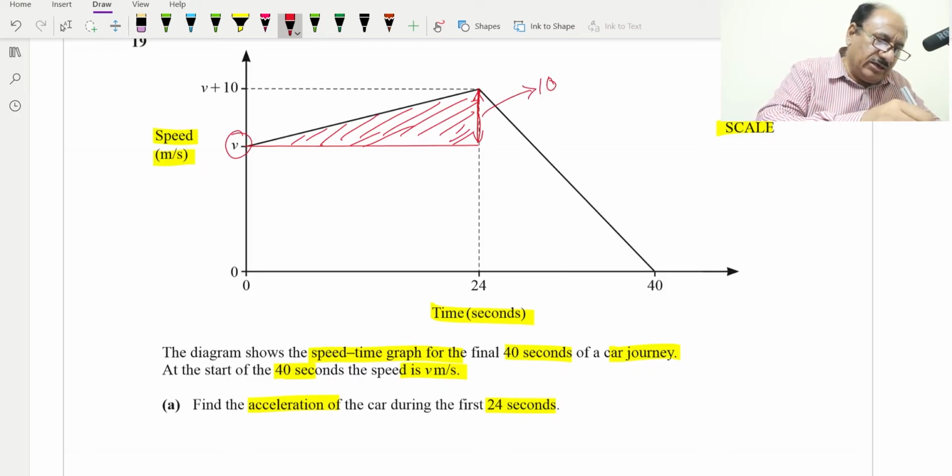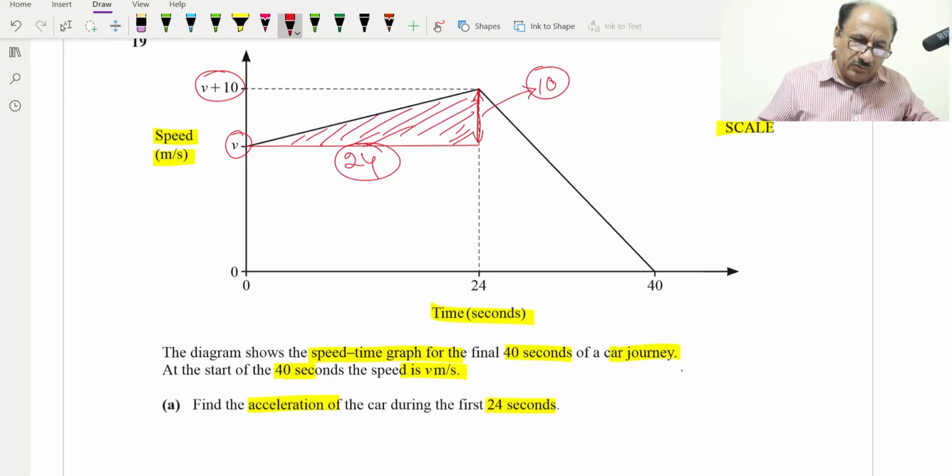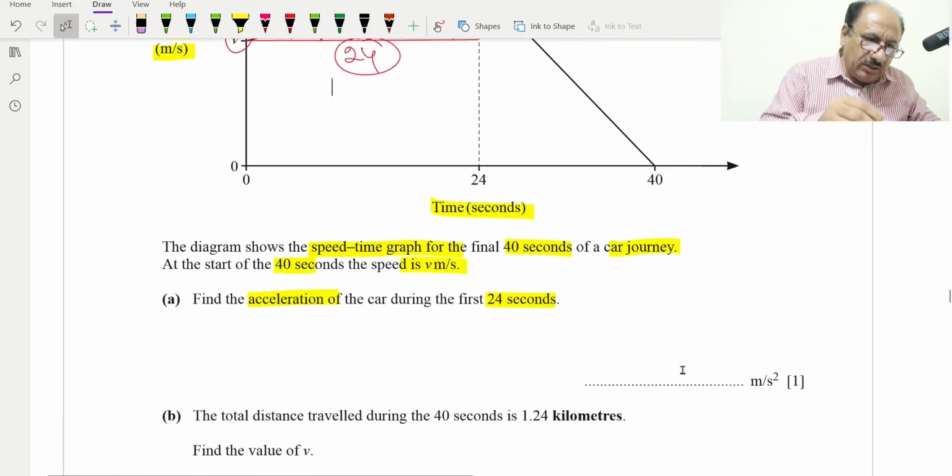Because this is v and this one is v plus 10, so the difference will be 10, and this run will be 24. Rise is 10, run is 24, so rise over run is 10 over 24.